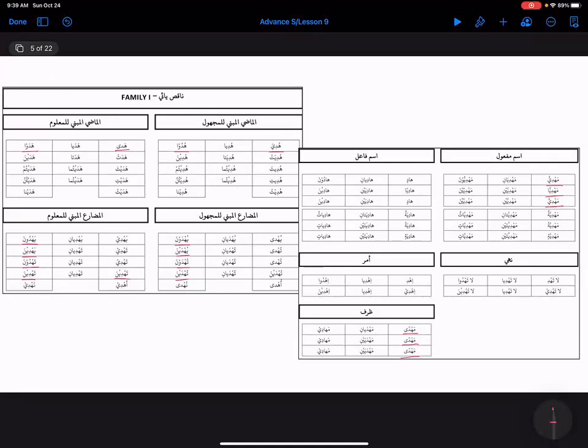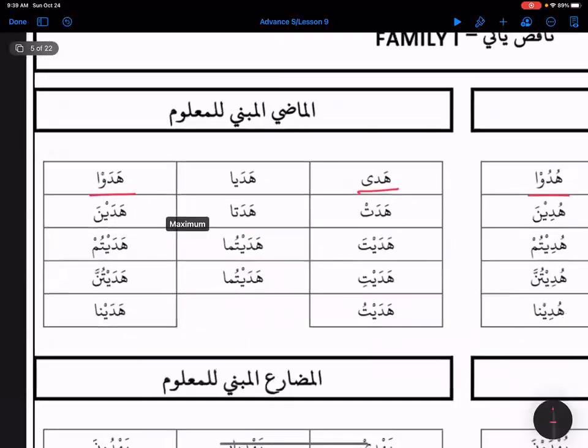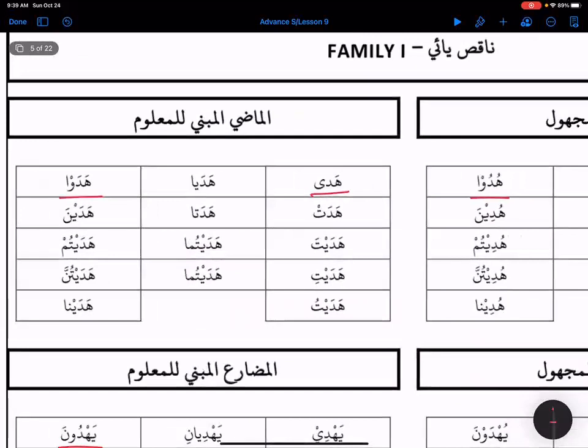Hada is okay. Can you just enlarge it, please? Okay, so this is hada. Huwa hada. The root letters are ha-da-ya.